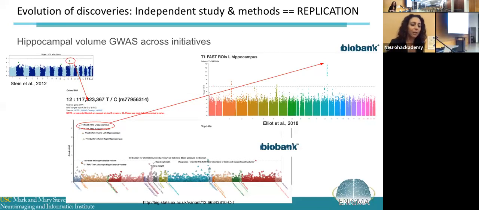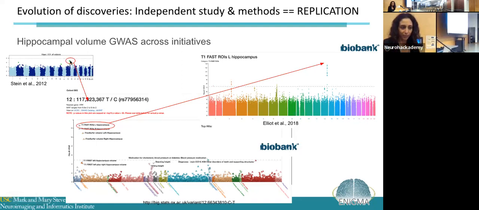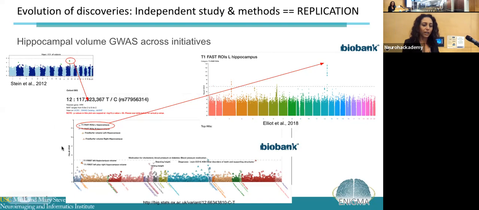Not only that, if you look at that top hit now in the UK Biobank paper, where they've run a GWAS across all neuroimaging traits, we again take that location, and this is the VWAS map. It looks like that location is strongest in the left hippocampus as extracted by FAST.